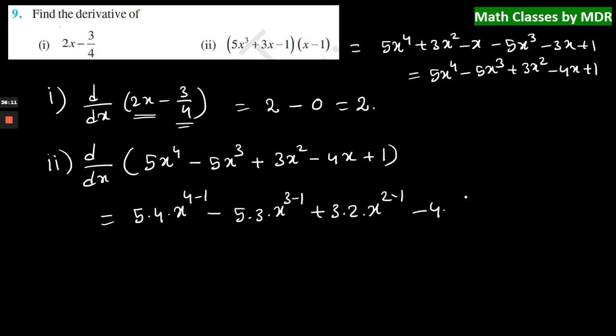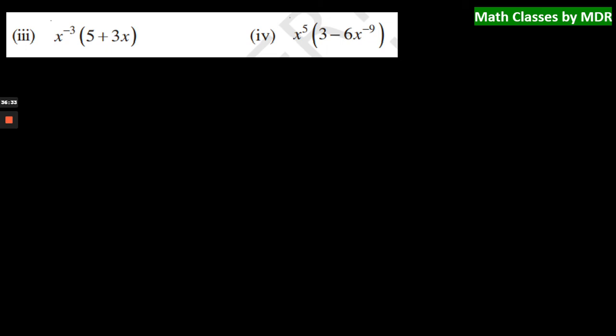Minus 4 into x to the power 1 minus 1 is this one. And then 0. Right? So 5 into 4 is 20 x cube. 5 into 3 is 15 x square. 3 into 2 is 6 x to the power 2 minus 1 is x to the power 1, minus 4. This is the derivative of this second problem. I hope it is clear. Yes, let's go to the next one.